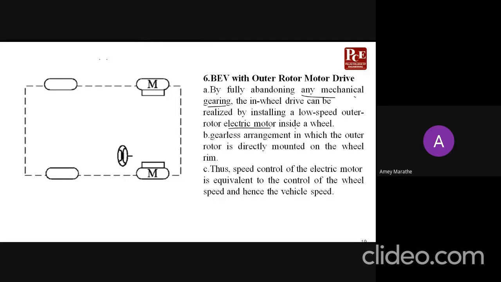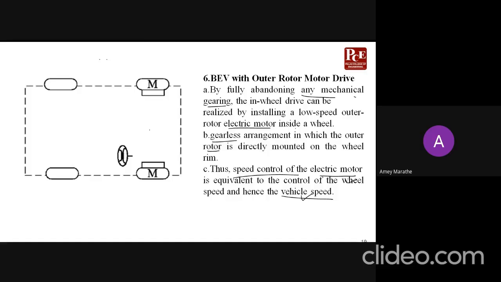This is basically a gearless arrangement in which the outer rotor is directly mounted on the wheel rim. So we are rotating the wheels directly with the help of the motor. Thus, speed control of the electric motor is equivalent to the control of wheel speed and hence the vehicle speed. If we simply control the speed of the electric motor, that will take care of the wheel speed as well as the vehicle speed, because it is directly fitted into the wheels.